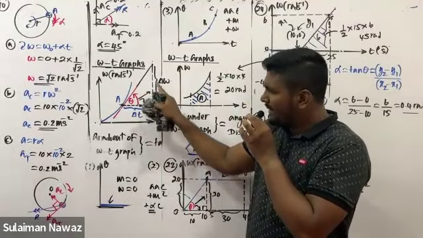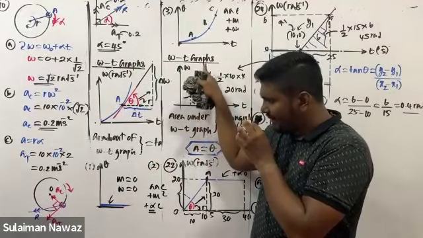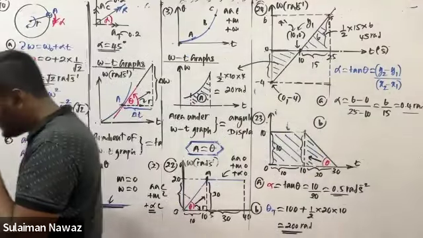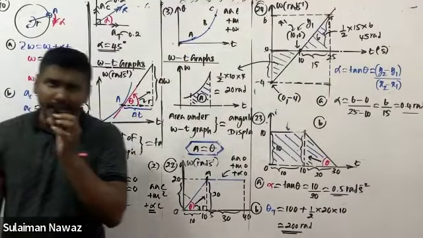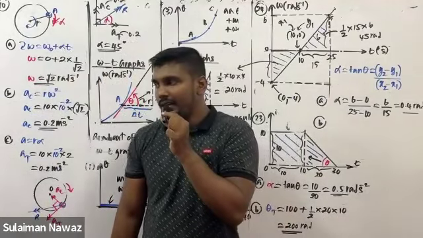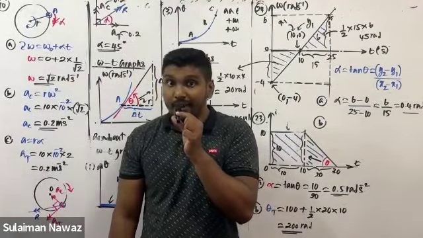Now the last part, put your topic, the last graph: the angular acceleration-time graph, the alpha-t graph. We talk only about the area under the alpha-t graph. If you remember the acceleration-time graph, the area under it represents velocity.